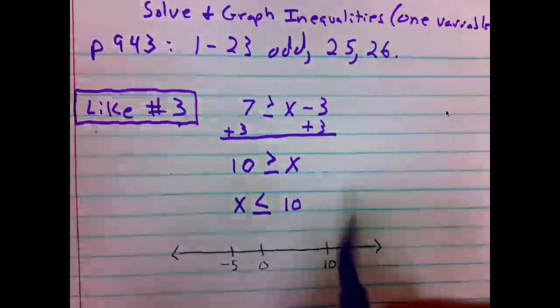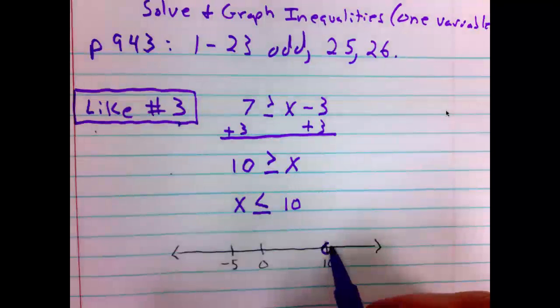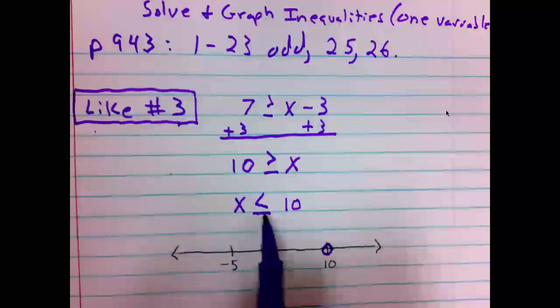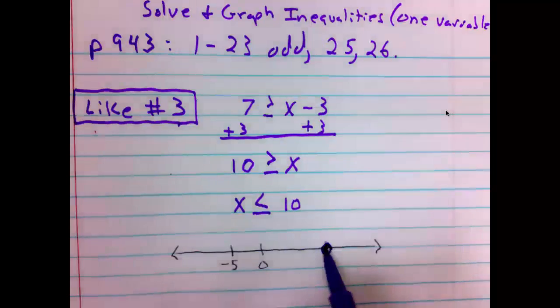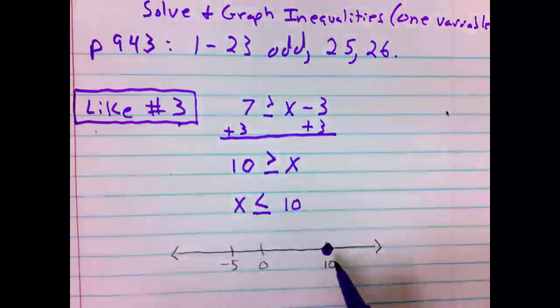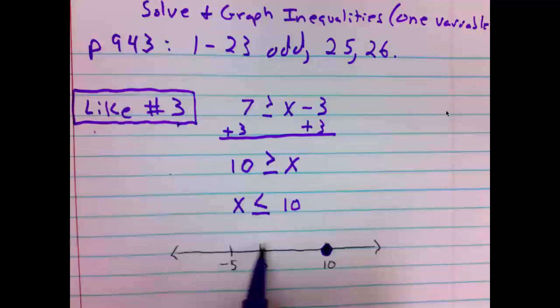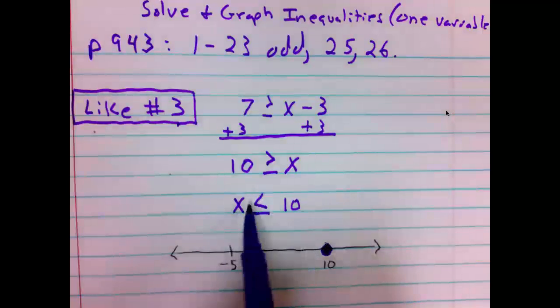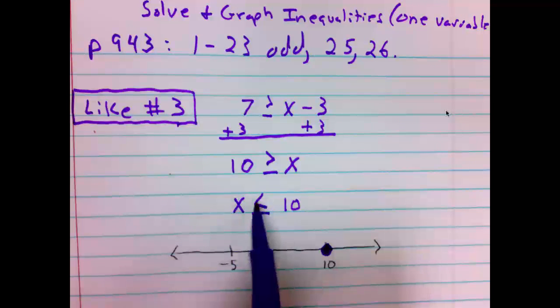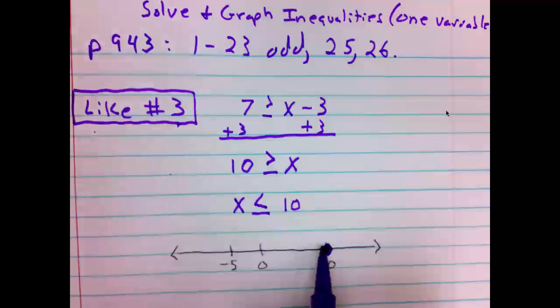I come to 10 and I draw myself a point, a circle. Since we have equal to, I'll need to color in that circle. 10 is a possibility, and I want values less than 10, so we will shade to the left. The inequality, provided the variable is on the left side, will show you the direction to shade towards.